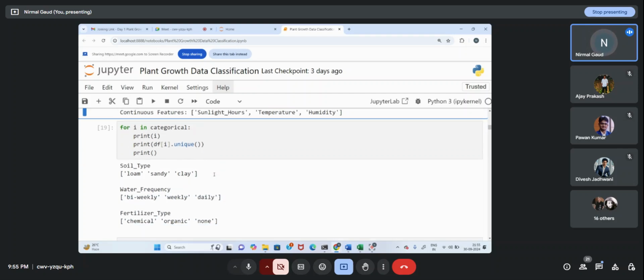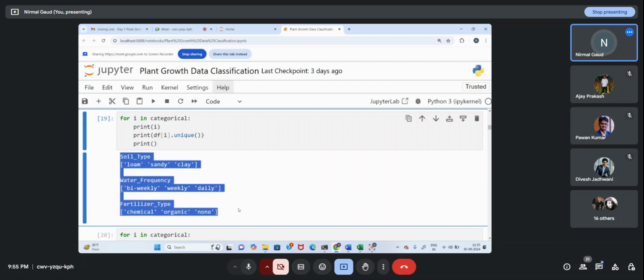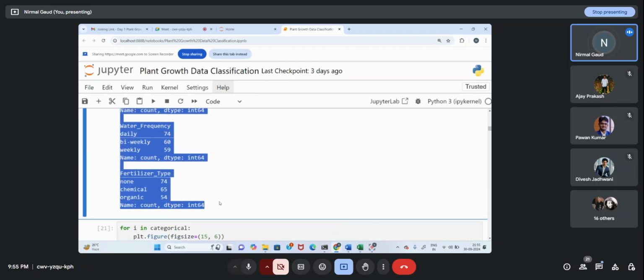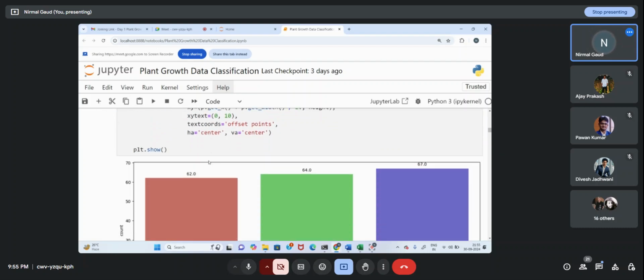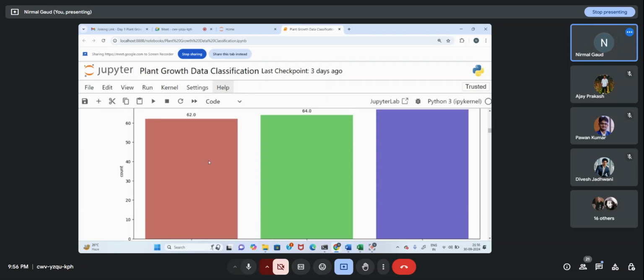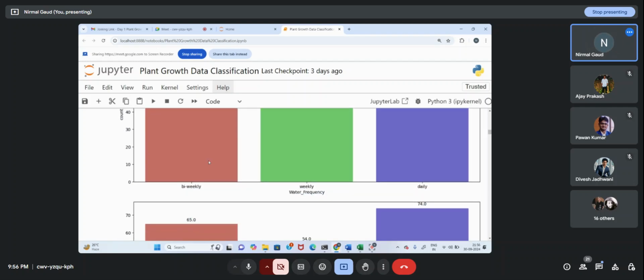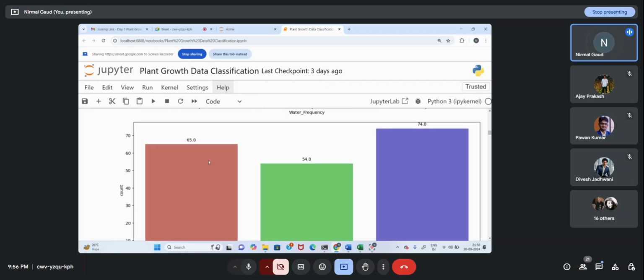For categorical, I am taking again count plot and the pie plot. So these are the unique values present in these features. These are the value counts present in these features. And this is the count plot for them: soil type, water frequency, and the fertilizer.